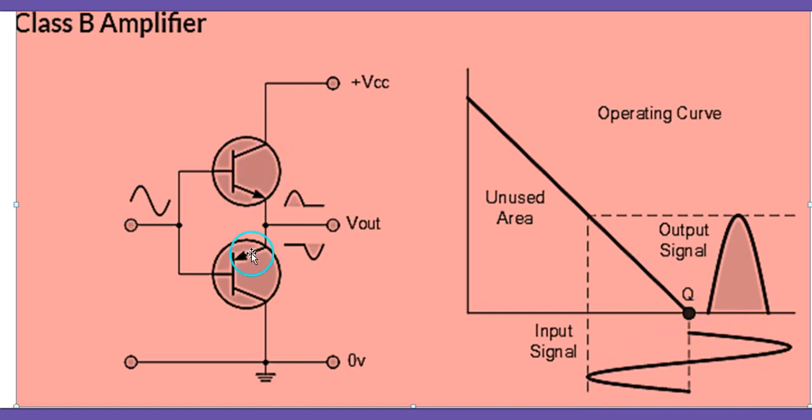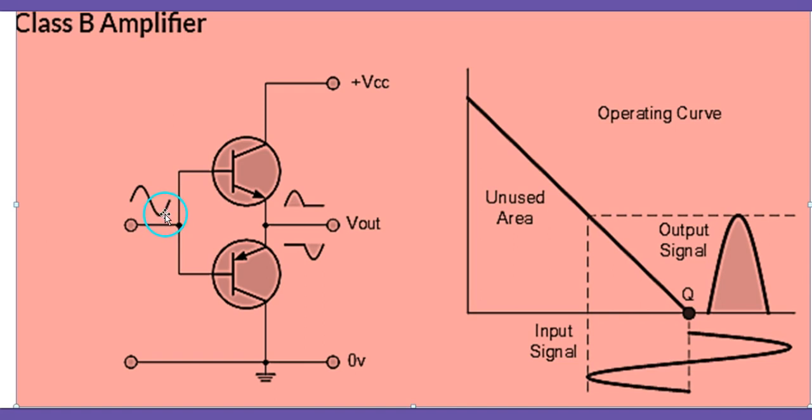One half is clipped. So there are two transistors with common emitter, one is NPN and the other is PNP. The emitters are made common. The input signal is split by the two transistors. One transistor handles only one half of the signal, like this half is handled by the upper transistor, and the second part is handled by the other transistor, meaning the lower transistor.